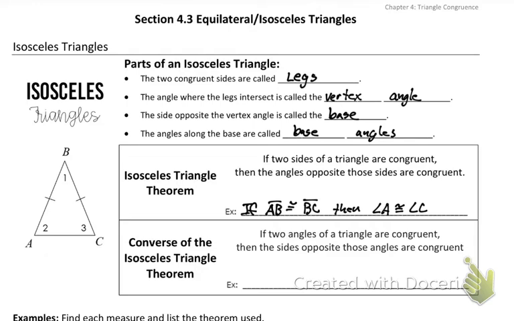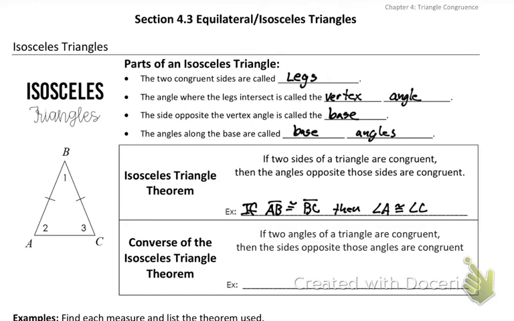The converse says if two angles of a triangle are congruent, basically if you have base angles that are congruent, then the sides opposite those angles are congruent. So this says if I have two angles that are congruent, I have an isosceles triangle with two congruent sides.